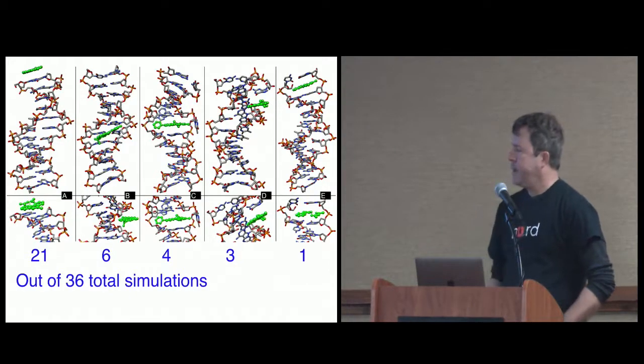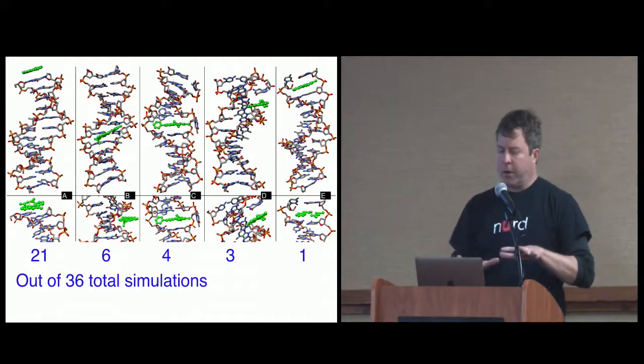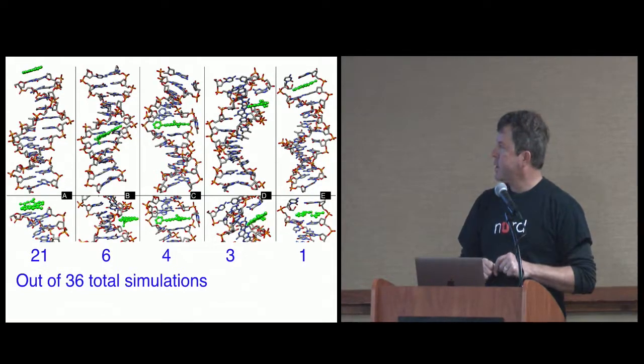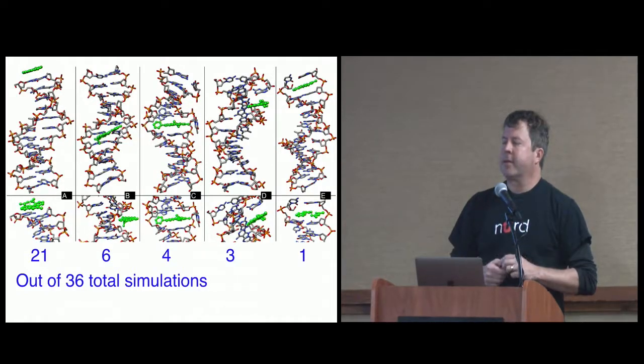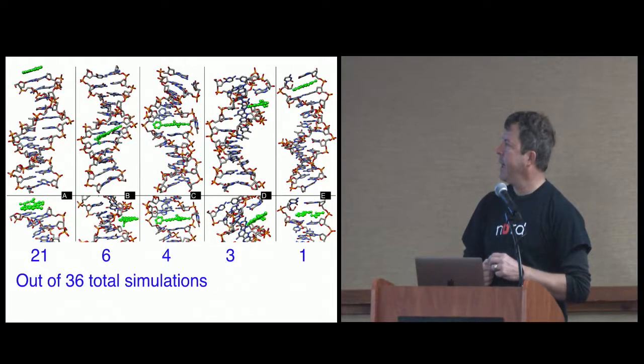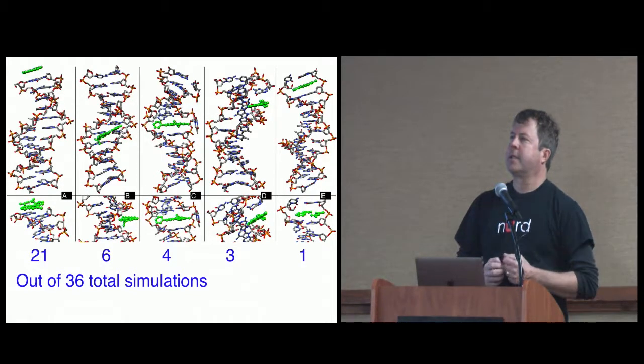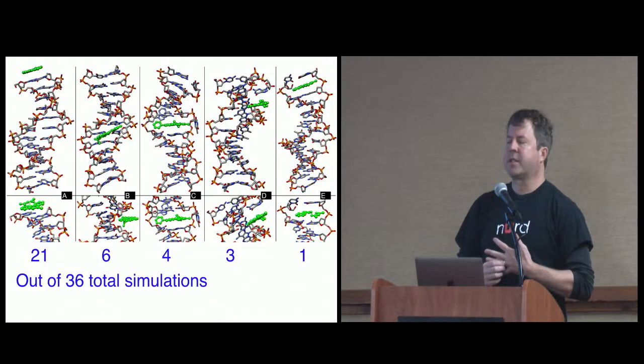But digging deeper, with Blue Waters we could run a whole set of lots of simulations of the DNA with different initial conditions, with multiple of these compounds sitting in the solution with the DNA, and we could see events that I wouldn't have expected to see on the time scale of the simulations.